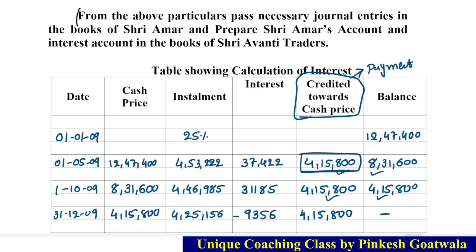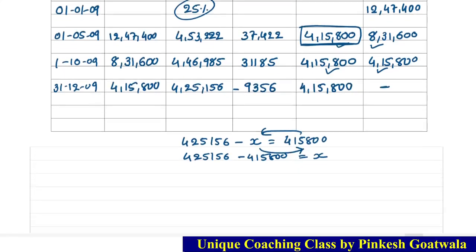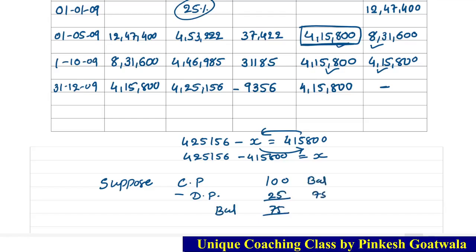Now the down payment is not given, but they told that it is 25%. So we know this calculation. Suppose the cash price is 100 minus down payment 25, so 75 will be the balance. Now put this step: if balance is 75, then cash price is 100.